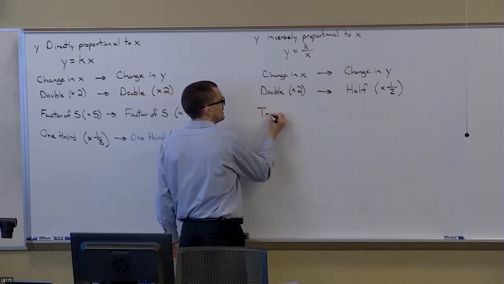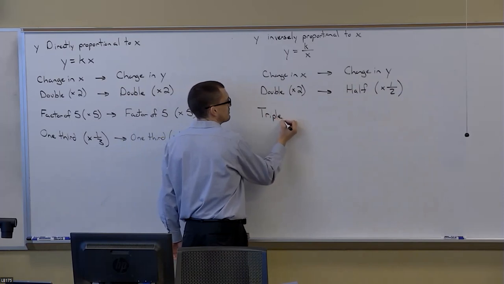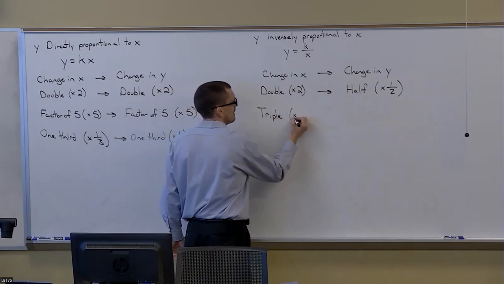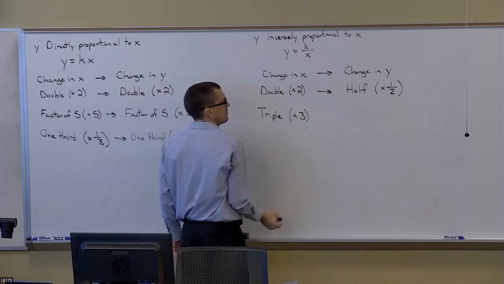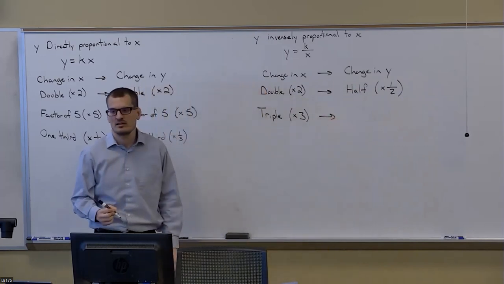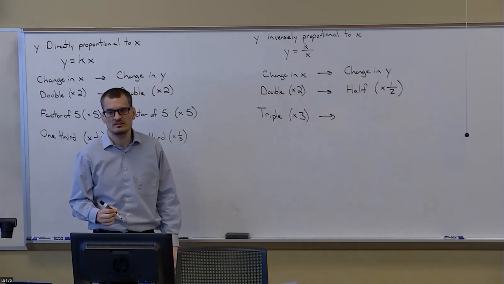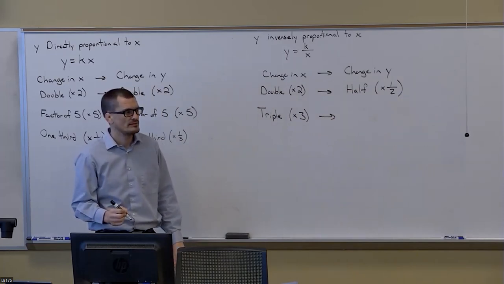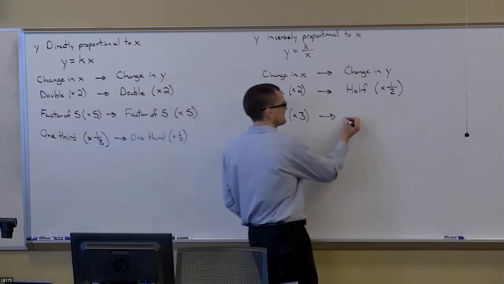If the change in x is to be tripled, what's the corresponding change in y? X is tripled, 1/3. 1/3, exactly.